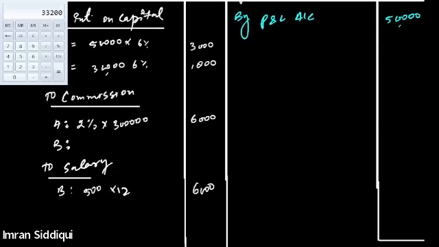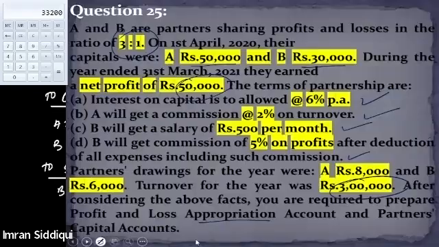Now see, the question requires us to find out the commission as well. For commission, the information given in the question was, see, how do we calculate B's commission? It says that B will get a commission of 5% on profit after deduction of all expenses, including such commission.